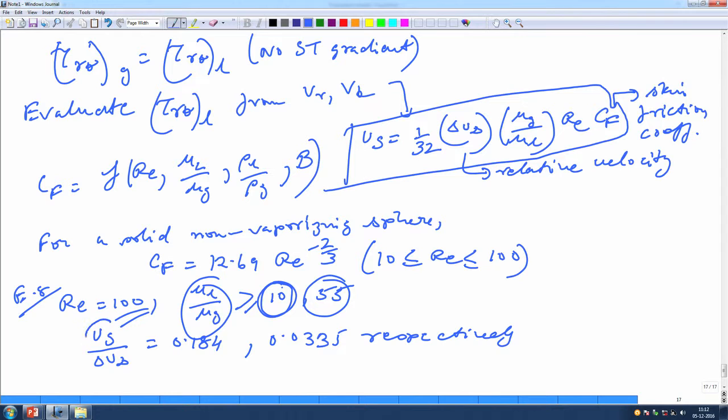You have that your Us, that is the velocity that is created at the surface of the droplet inside the liquid phase, is actually about 20% of the relative velocity, right. So, if the relative velocity is say 5 meters per second, this will be more like 20% of 5 meters per second, got it.